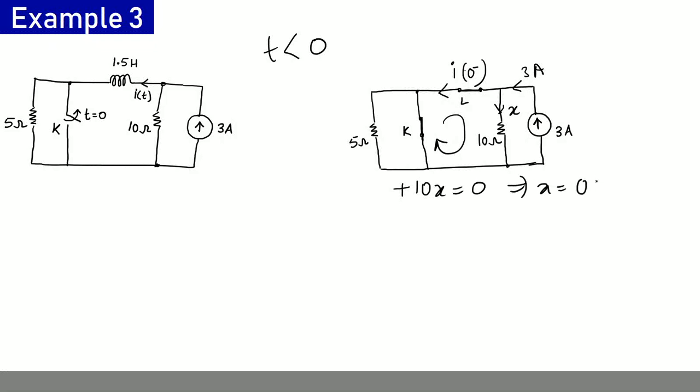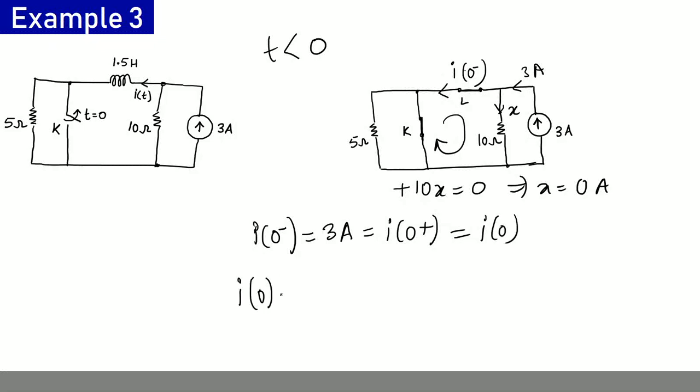So x is 0 amperes, which means that no current flows through this 10 ohm branch, and hence whole of this 3 amperes comes to the inductor. So the steady state current before the switching action took place is I at 0 minus. So this current is 3 amperes, and this will be equal to I at 0 plus, and that will be the initial current. So the initial current through this inductor is 3 amperes.